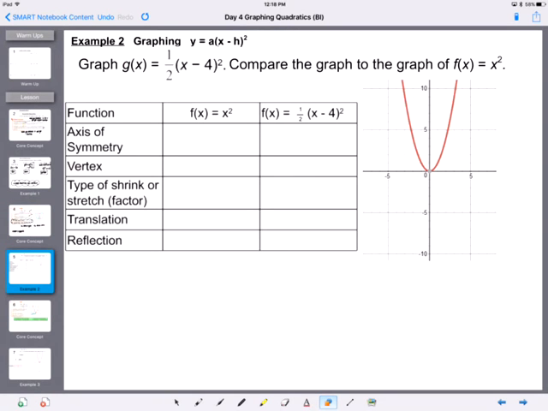They said graph g of x is equal to 1/2 times the quantity of x minus 4 squared. We want to compare it to our parent function of x squared. So the red graph to the right is your parent function. The axis of symmetry we can see is x is equal to 0.